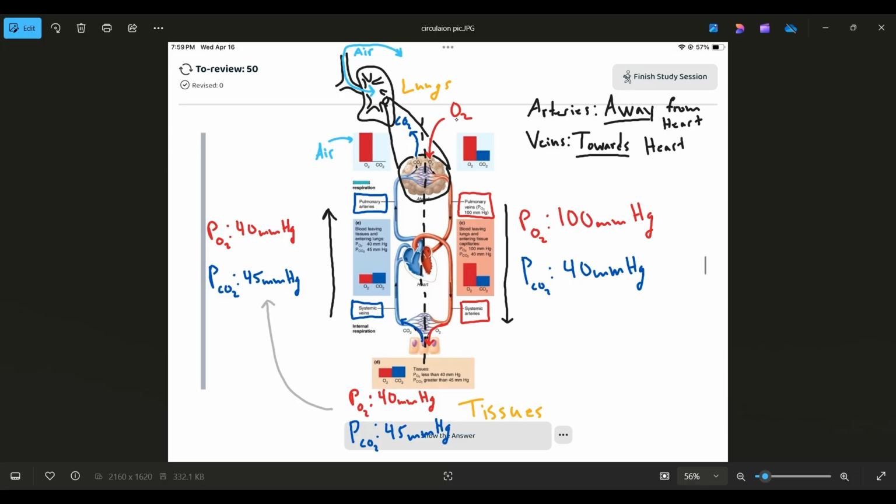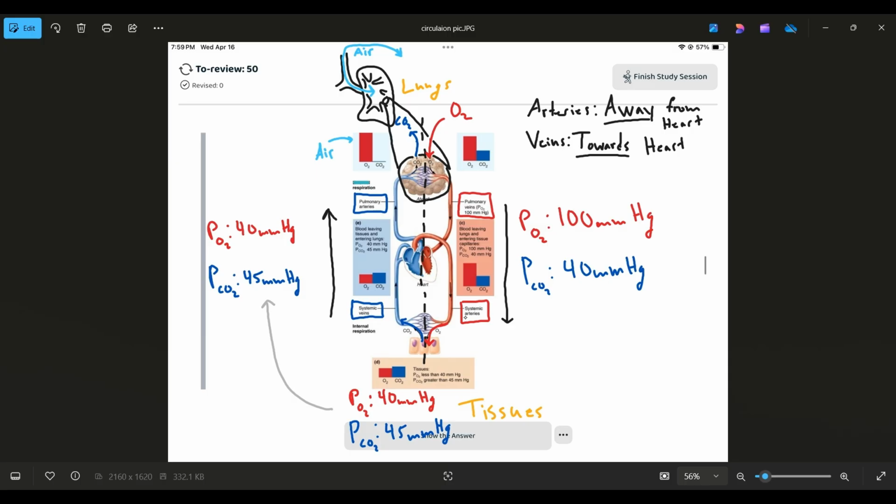If I did, it's moving from high pressure to low pressure. Similarly, CO2 gas is higher pressure in the tissues and lower pressure in the veins. So as the blood passes through the tissues, that CO2 gas gets diffused into the blood. You'll have the numbers here for that as well. Then it travels back up through the systemic veins to the heart.